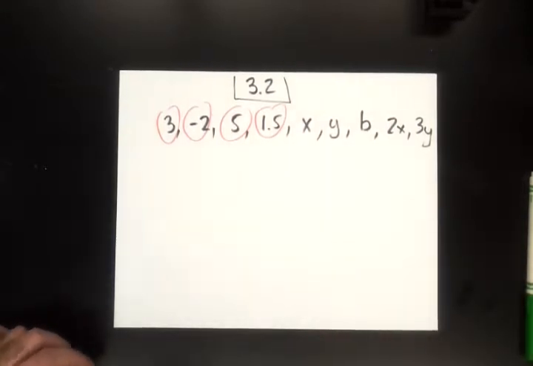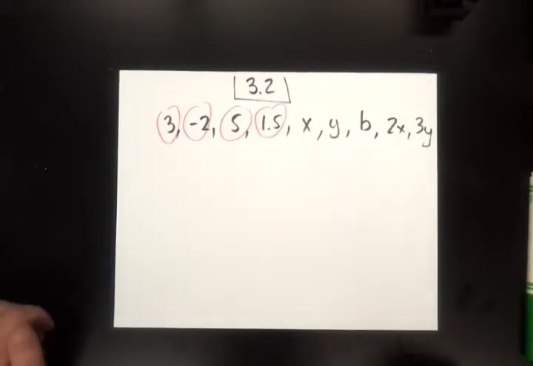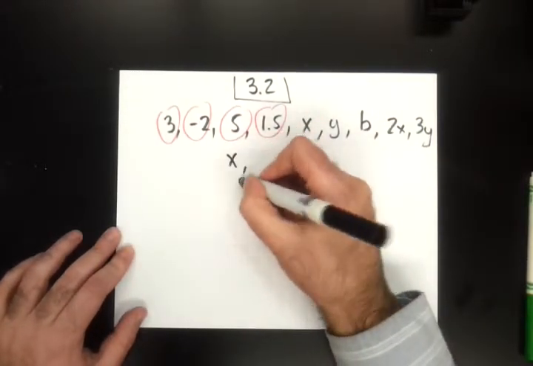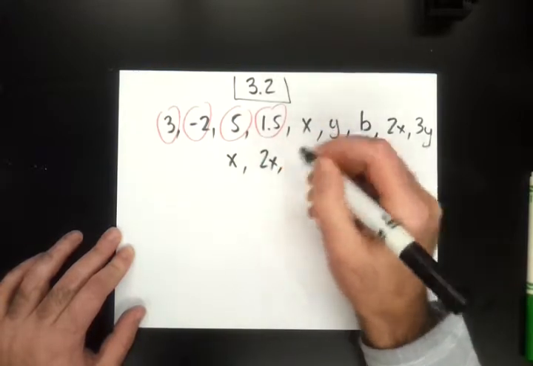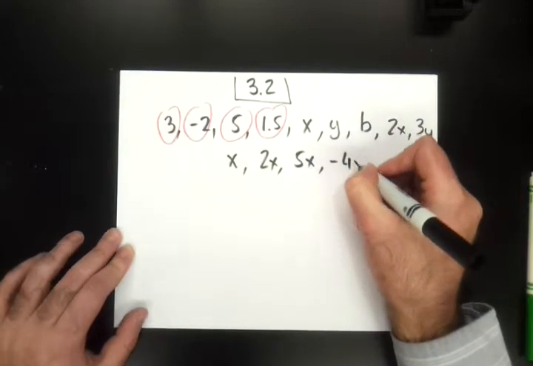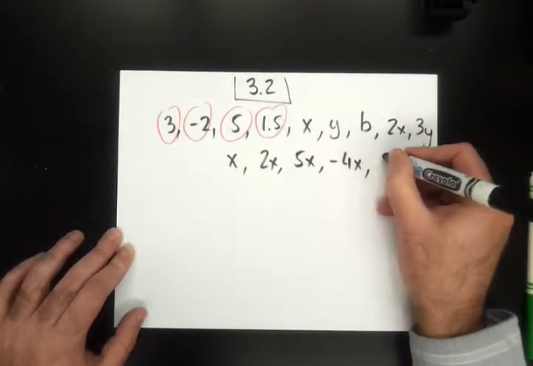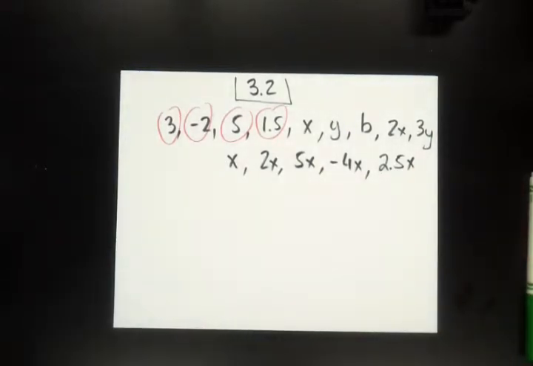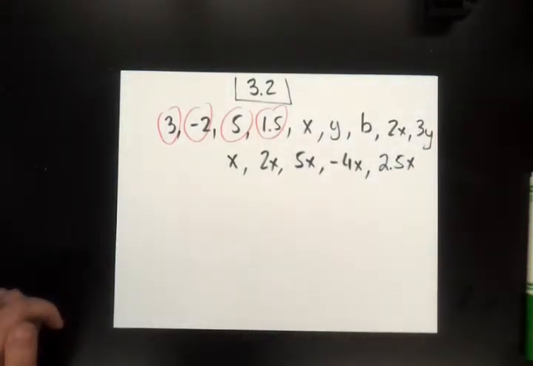With variables, you can combine any variable that has the same letter. So I can combine an x, a 2x, a 5x, a -4x, a 2.5x. All of these are like terms.